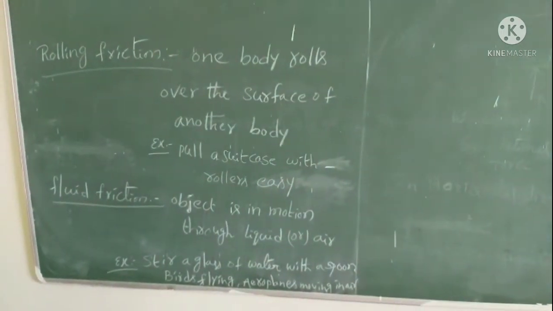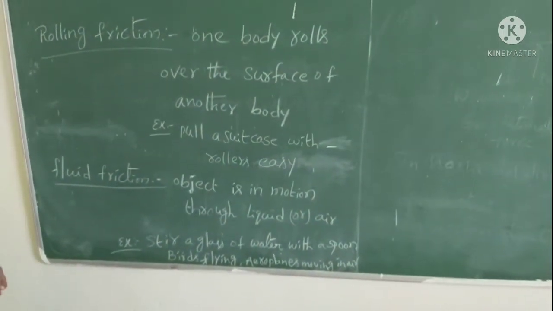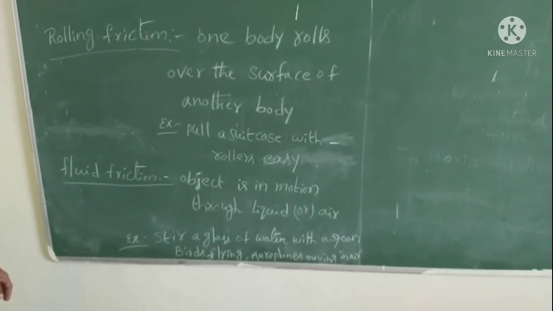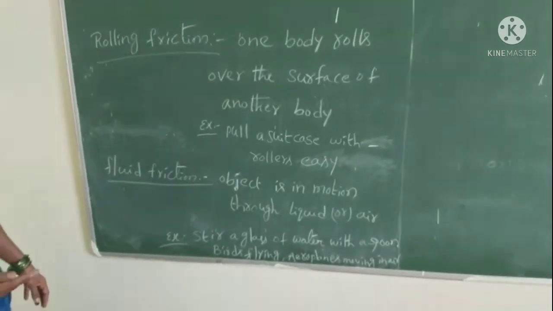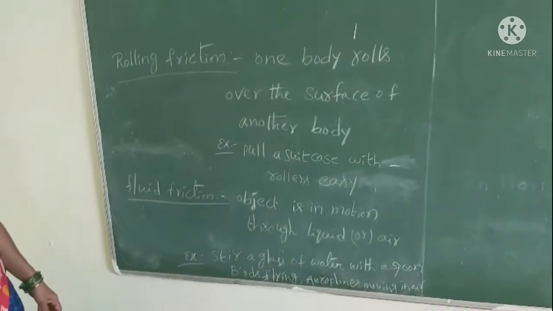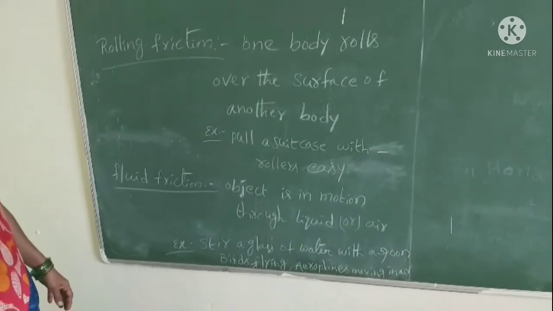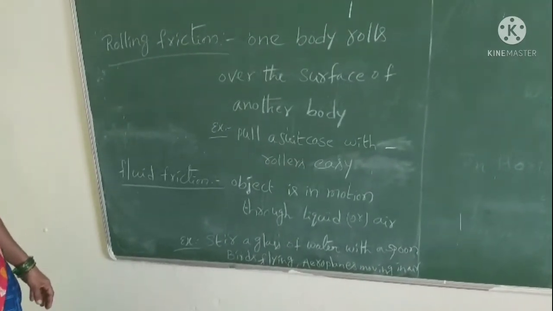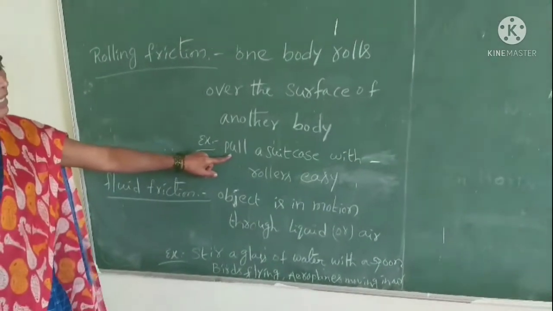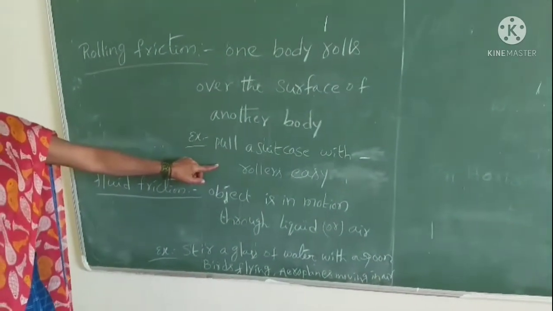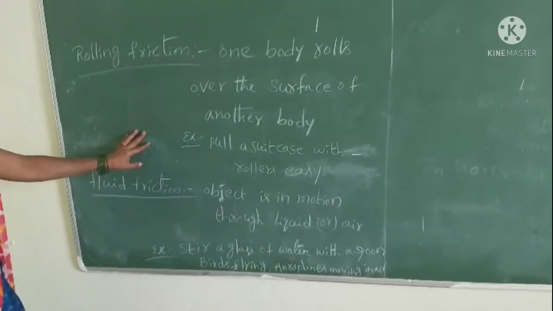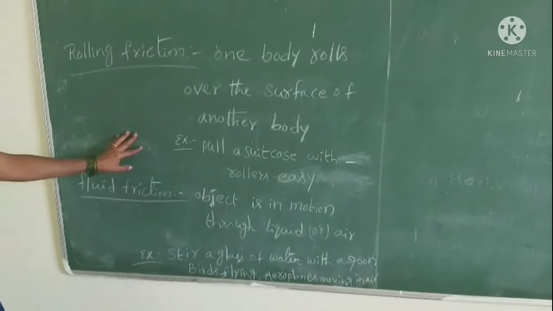When you pull a suitcase without rollers, it is very difficult because the rolling friction is absent. Another example is skating on ice or on the road.